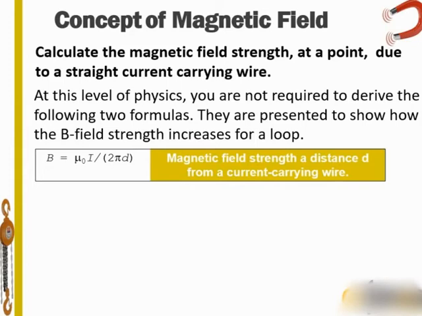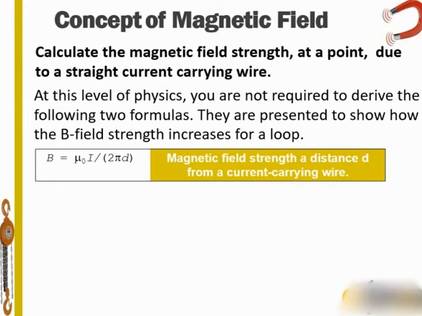And at this level of physics, you're not actually required to be able to derive the following formulas that I'm about to show you. They are presented just to show how the magnetic field strength actually increases for a loop.